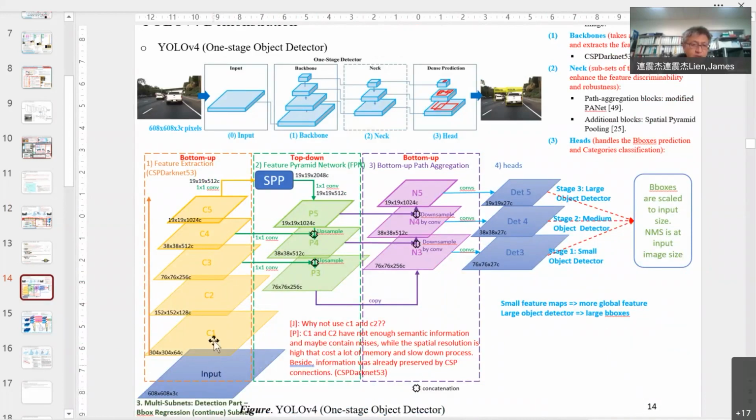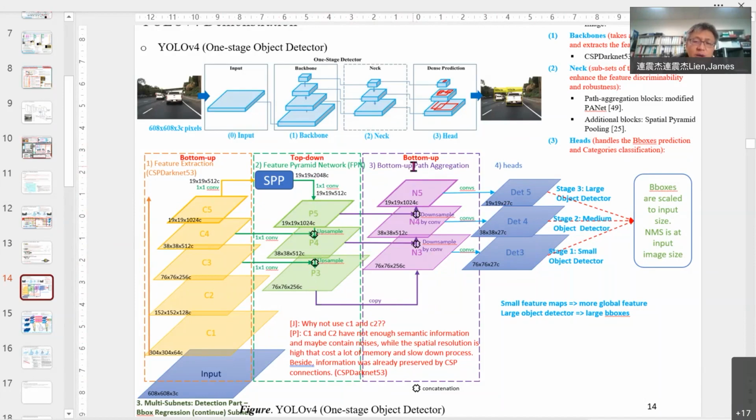First of all, they have downsampling, right? Five stages. And they have upsampling, but they have one more downsampling here. This is the backbone, and these are the neck, and this is the head. The neck includes the feature pyramid network, and this one is PA.